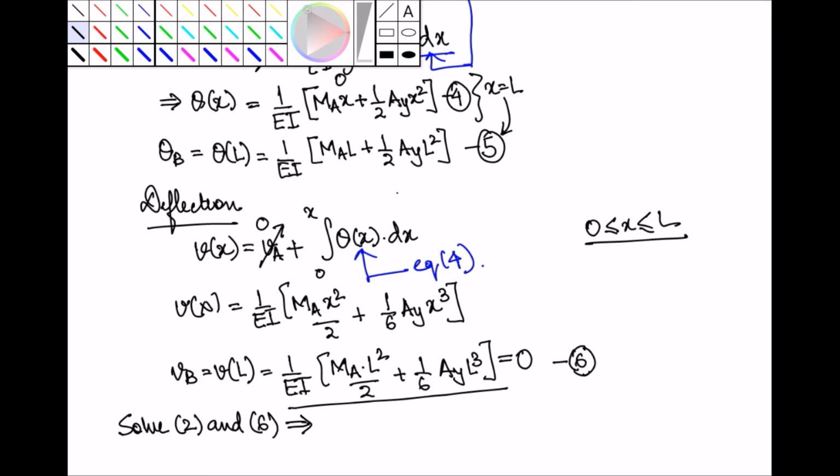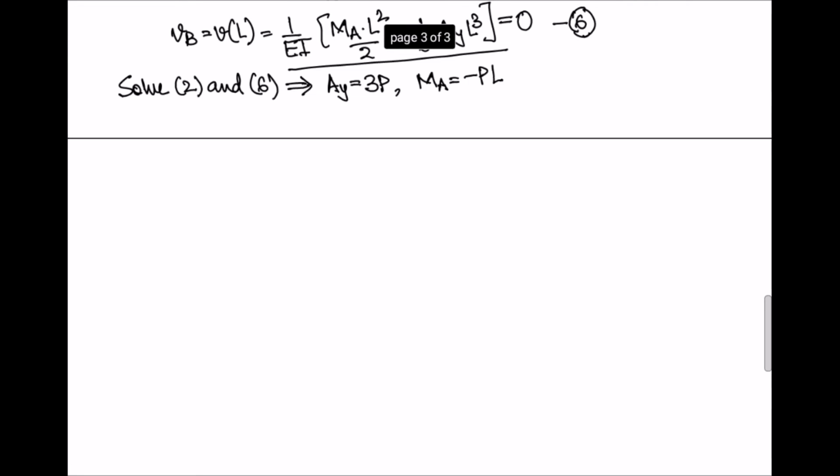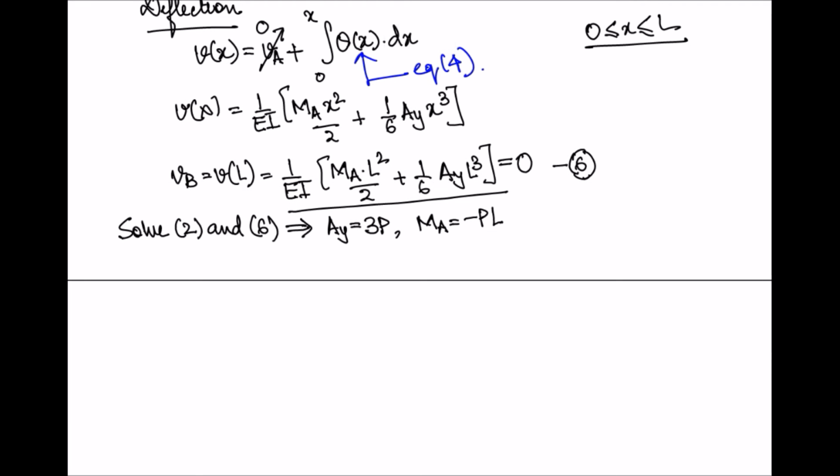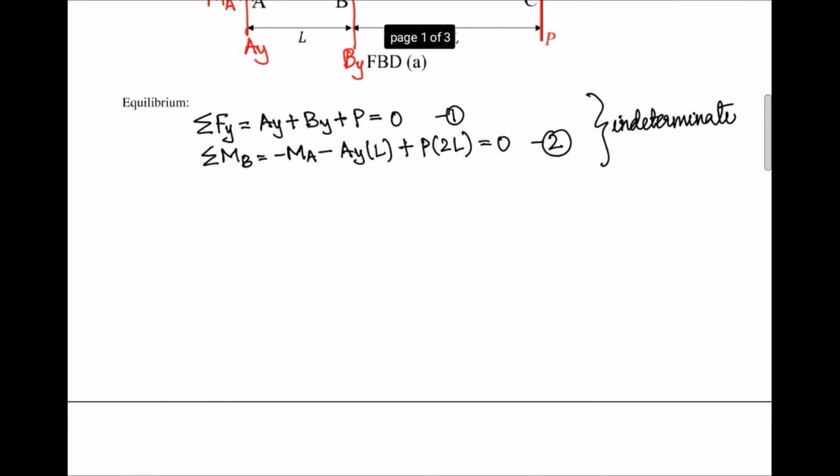we are going to have A_y equal to 3P and M_A equal to minus PL. If we scroll back up and look at equation 1, we now know the value of A_y, so we can solve for B_y as well.